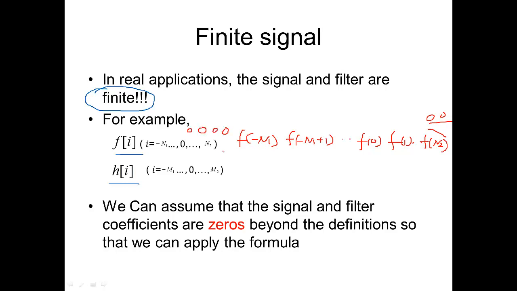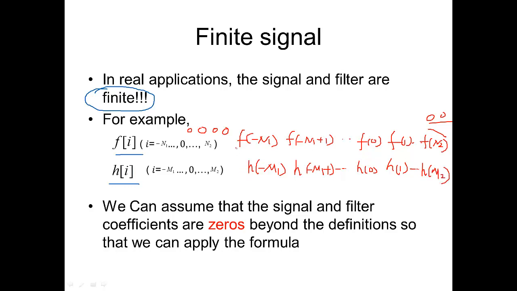For h it is the same. h should be from some negative m1, then negative m1 plus 1, then go to h0, then h1, and also stop at some place, m2.